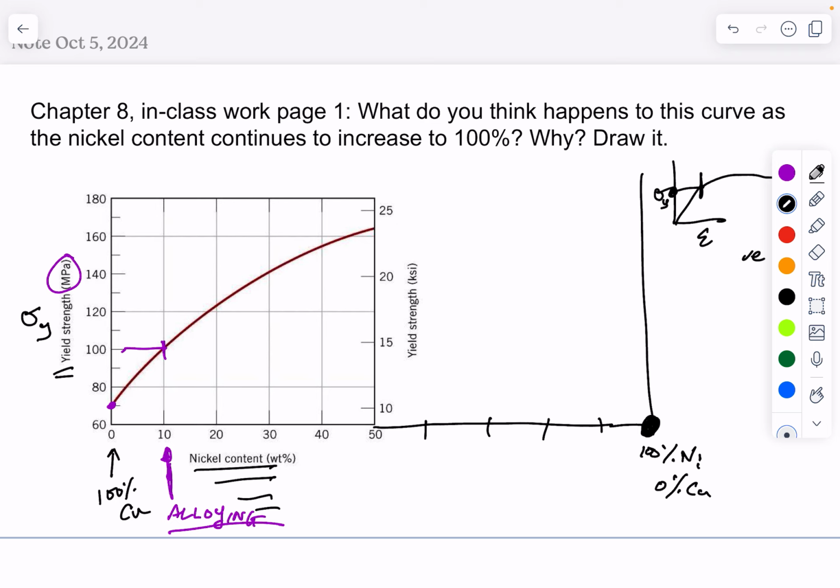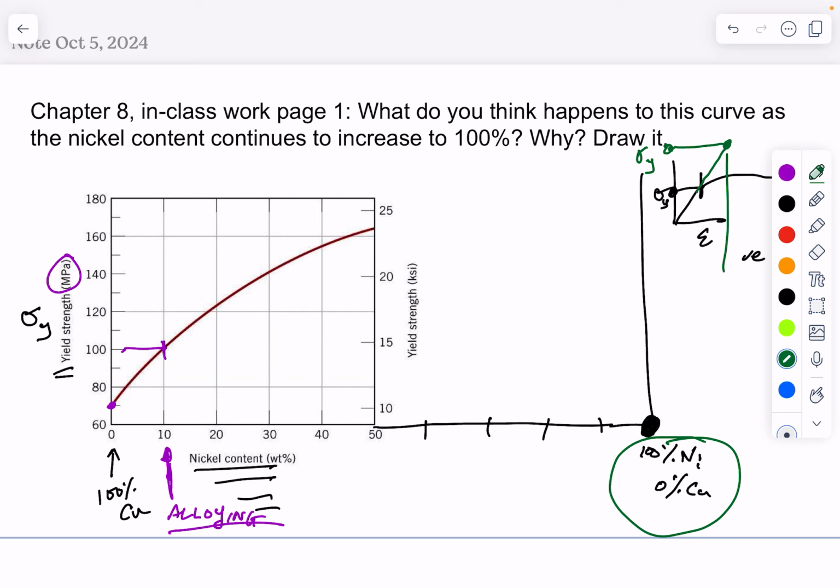When we alloy it, we're going to be increasing its yield strength. If we added 10% copper or 20% copper, we'd have a higher yield strength. So on the pure nickel side, as we add copper, we're going to be increasing the yield strength.